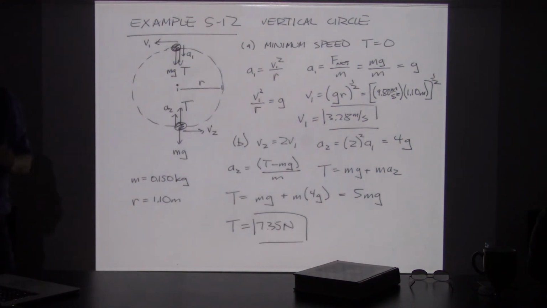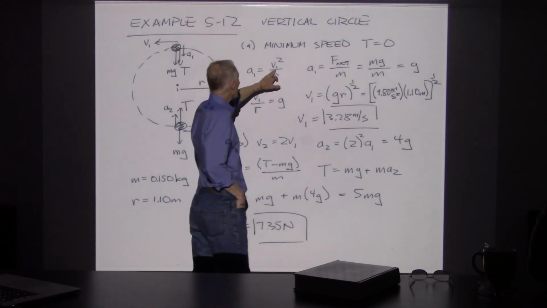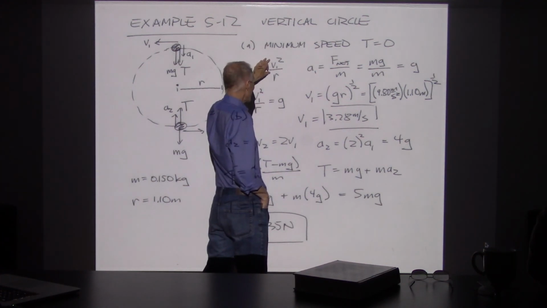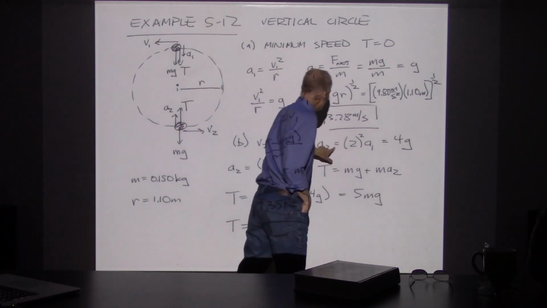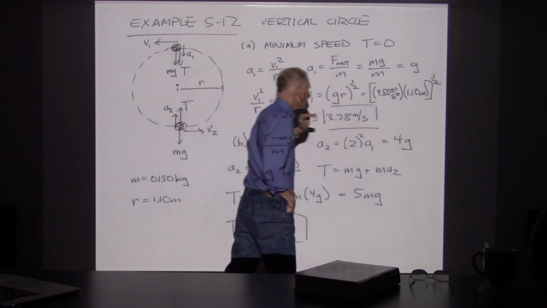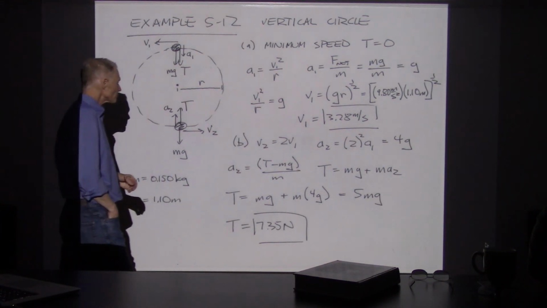The acceleration is going to go up by a factor of 4. If I double the velocity in that formula, v gets doubled, that's a factor of 2 squared, which gives me a factor of 4. And so the acceleration now needs to be 4 times as large, or 4 times g.